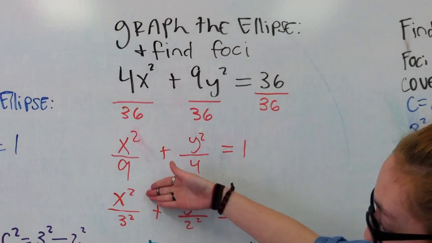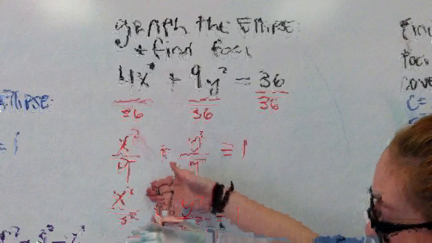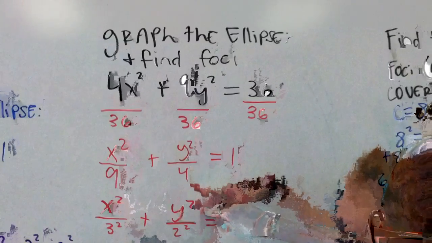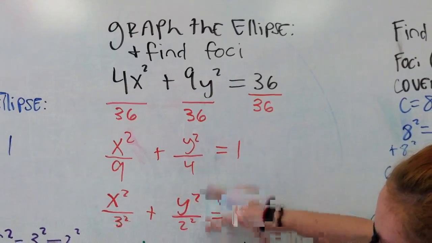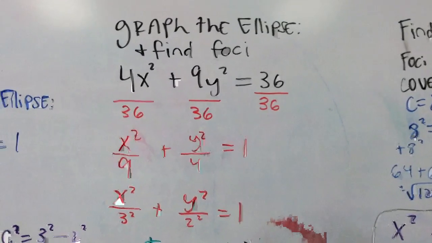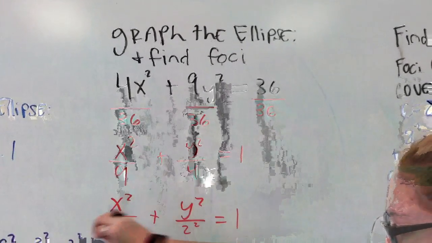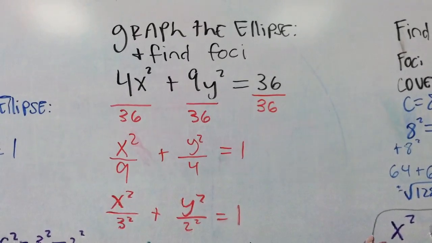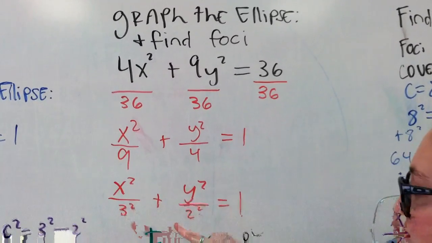So you have x squared over 3 squared, since 3 is the square root of 9, and then y squared over 2 squared, 2 being the square root of 4, and then it equals 1. So that's your standard equation, and you know that a is always bigger than b.